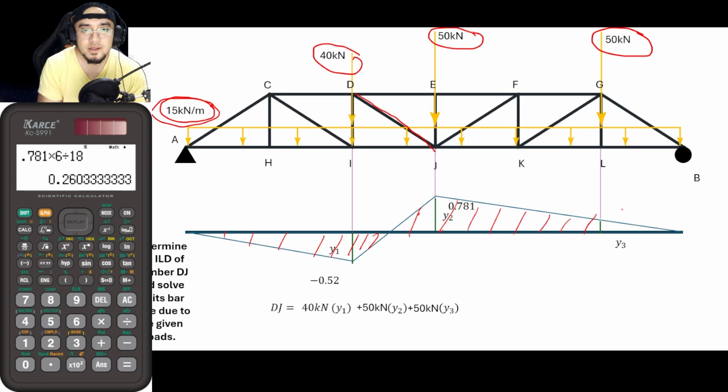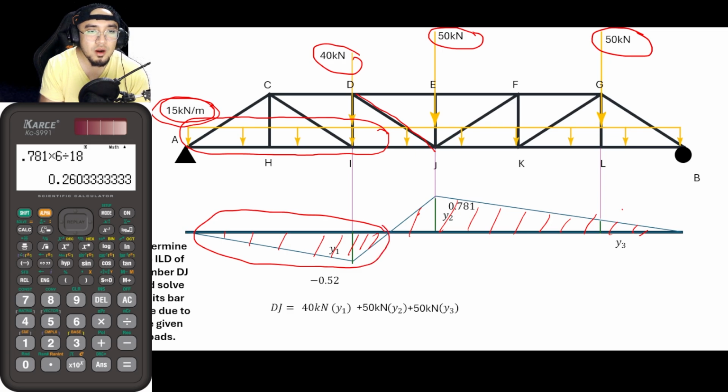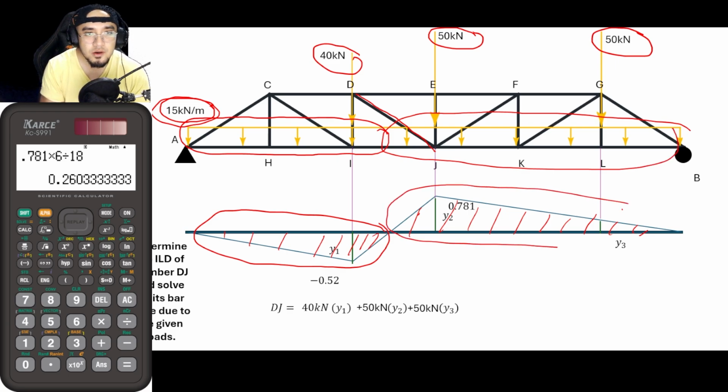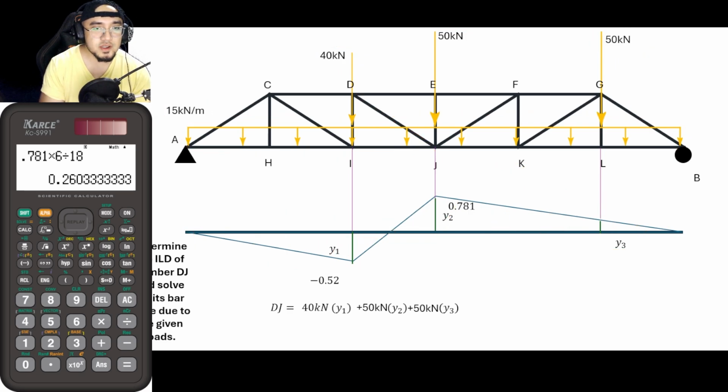This area of the uniformly distributed load would cause compressive stress onto our truss member, and this part would cause tensile force onto our bar force DJ.